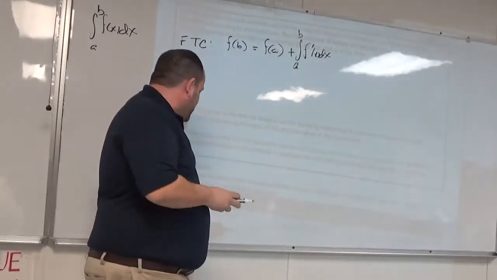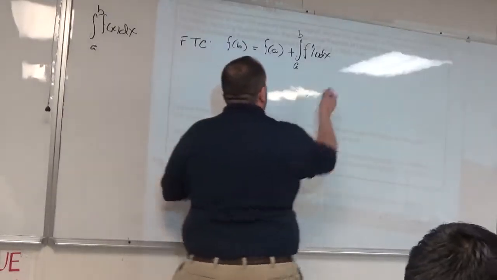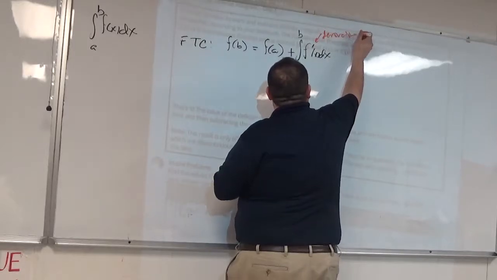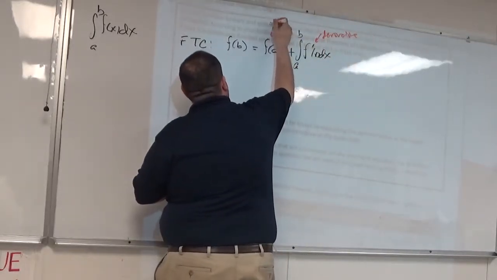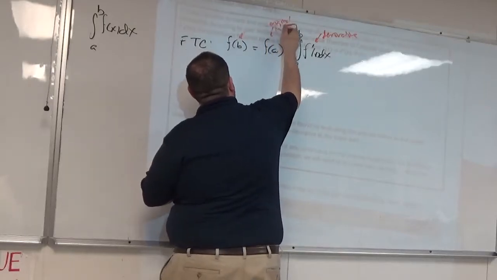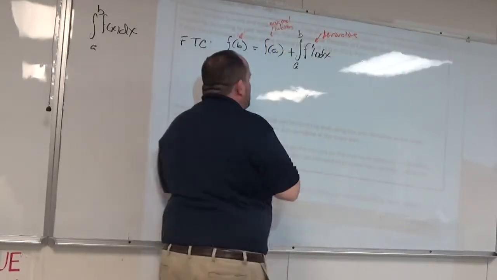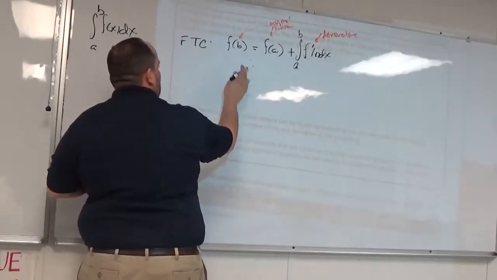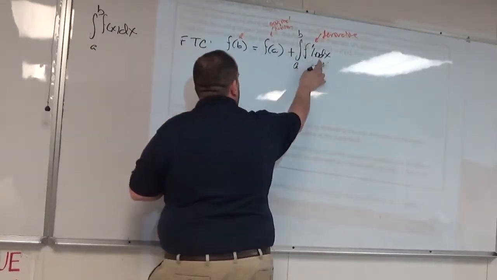The Fundamental Theorem of Calculus is a connection between the derivative and the original function. Both of these are talking about the original function. This guy over here is the derivative. In a lot of calculus textbooks, they don't use little f and f prime.